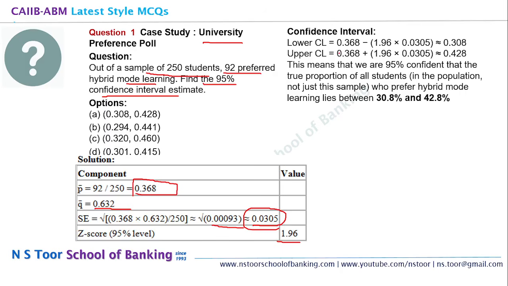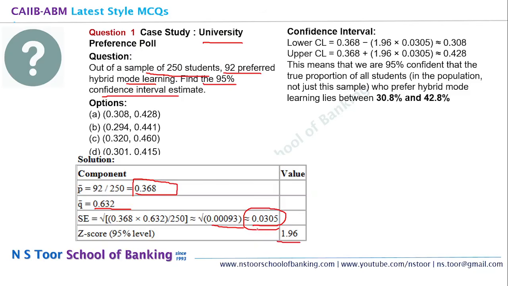So here it is 0.368 minus 1.96 into 0.0305. The standard error is 0.0305. Firstly we have to calculate the margin of error.